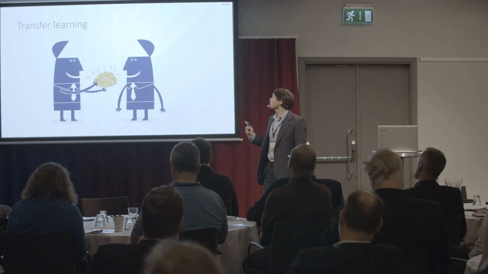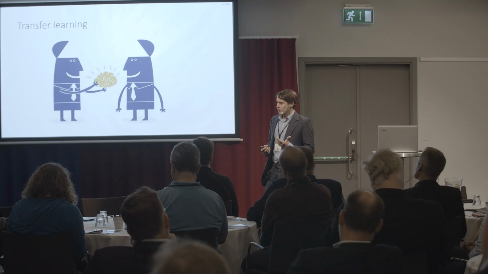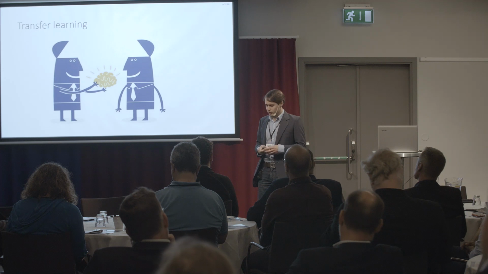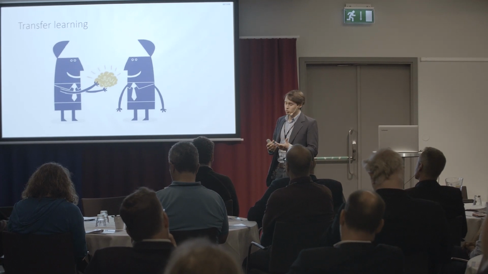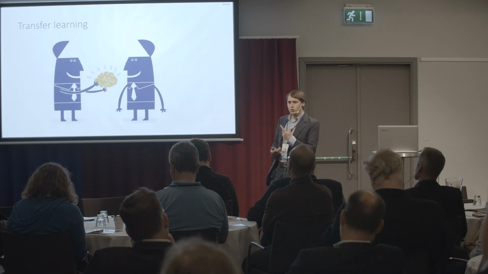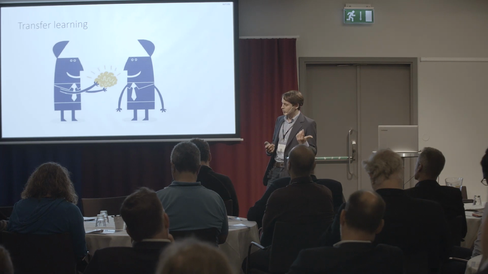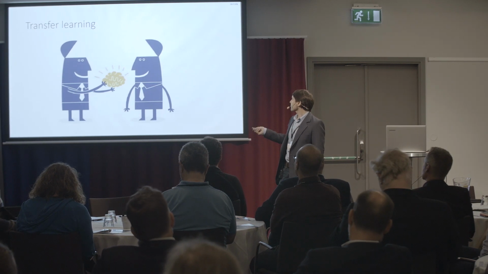And what this really means is that you use a pre-trained model, which you pre-train on a huge data set. So it's usually also a big model with many, many layers, like hundreds of layers. And then you can reuse this pre-trained model in your particular data set for your particular application.